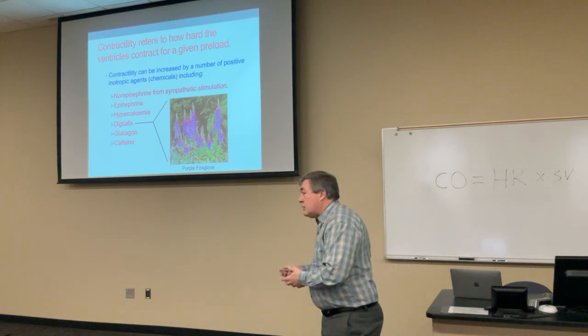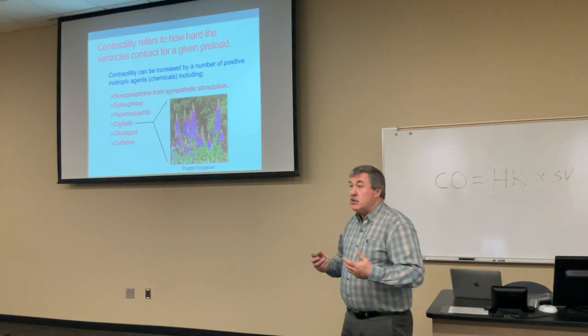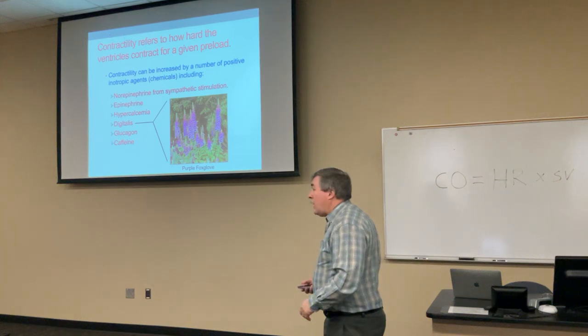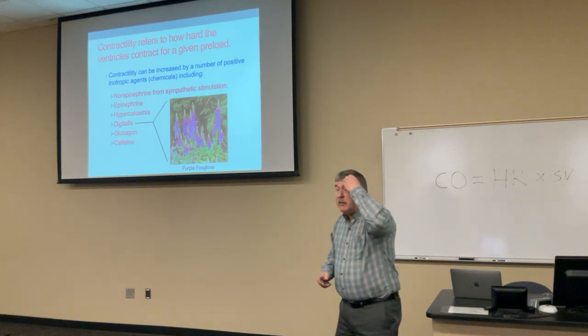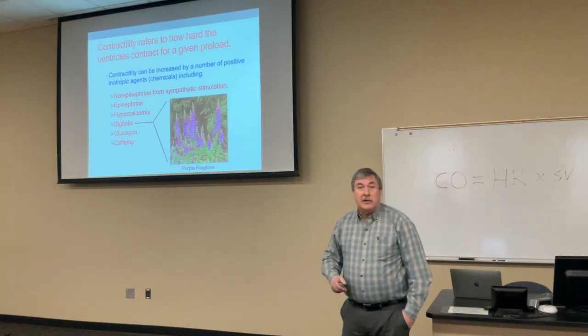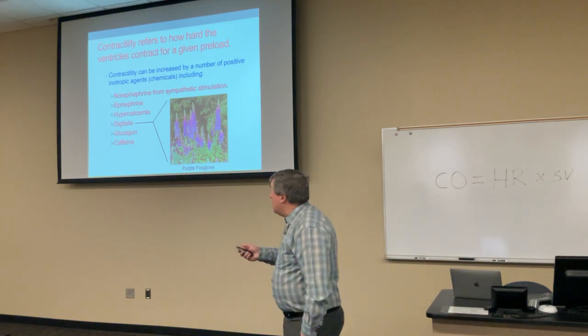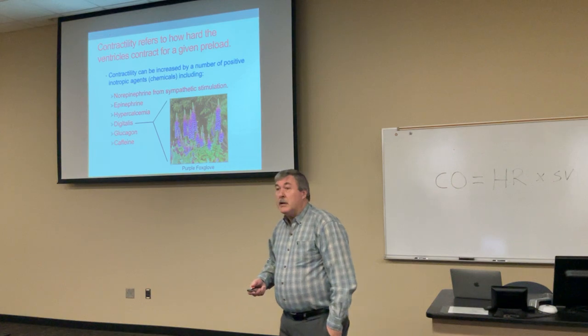When it gets to the heart, it stimulates those beta receptors, just like norepinephrine. Epinephrine, by the way, also goes by another common name of adrenaline. When you hear about someone having an adrenaline rush, we're talking about epinephrine.